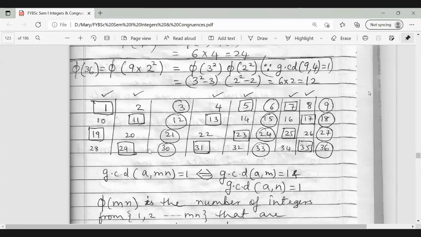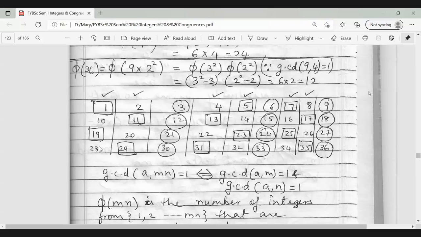Only one part is left: how phi of n, phi of 4, comes in, which you have not understood. That is based on a little more theoretical part. Later on, when we learn congruences, you will see that each of these numbers is congruent to 1 2 3 4 modulo 4.